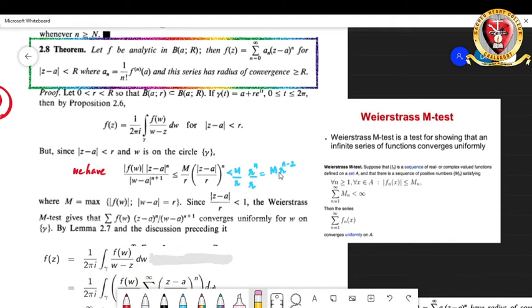And this quantity necessarily will be a converging quantity, because here you have r, and so you get that to be M by r.